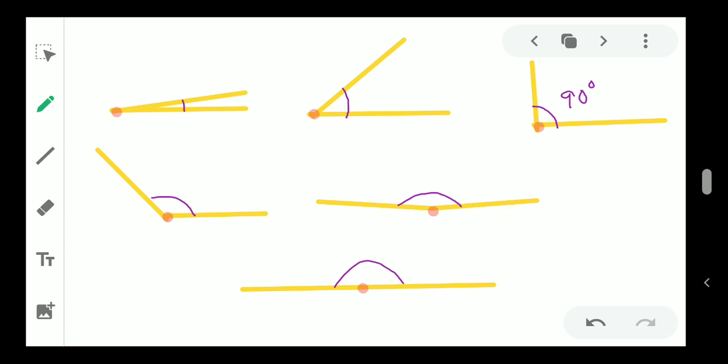Now see, when this arm moves to 90 and again comes from this position to this position, another 90 is also happening there.